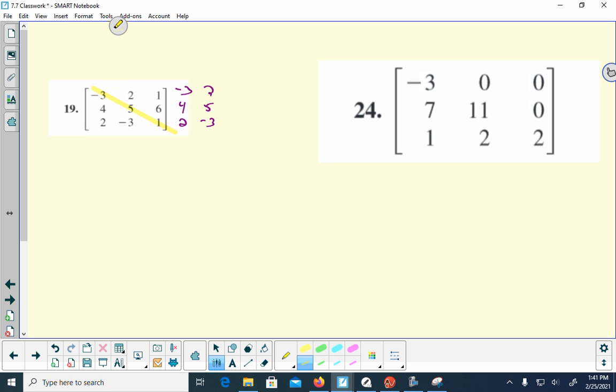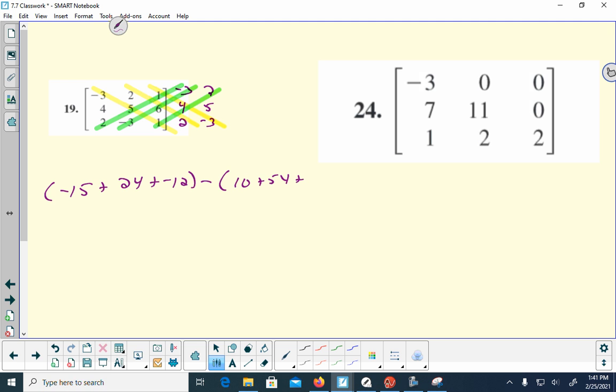So here, this is what I'm going to do first. So when I do that, I'm going to have negative 15 plus 24 plus negative 12 minus, doing the loops the other way, I'm going to have 10 plus 54 plus 8.